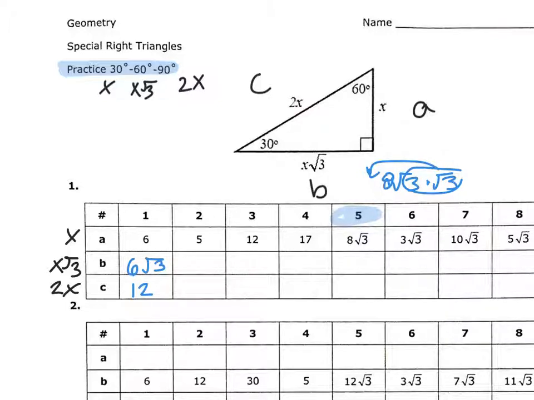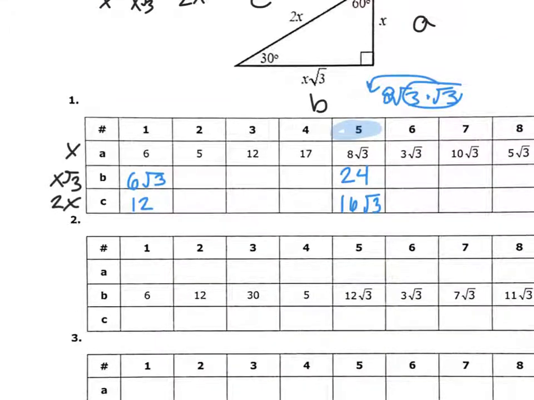And 8 times 3 is 24. And then the C value is going to be 2 times our X. So it's going to be 2 times 8 square root of 3, which gives us 16 square root of 3. So you should be able to finish the first problem set here relatively quickly because of the patterns.